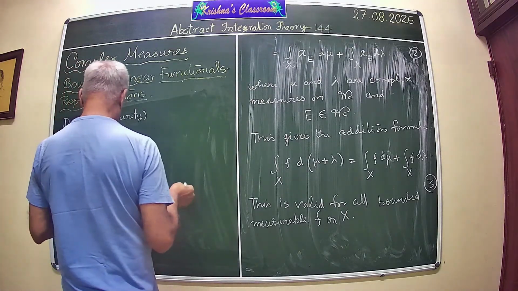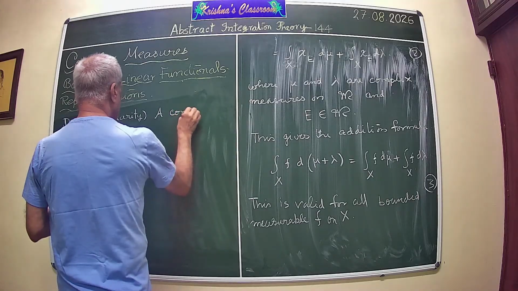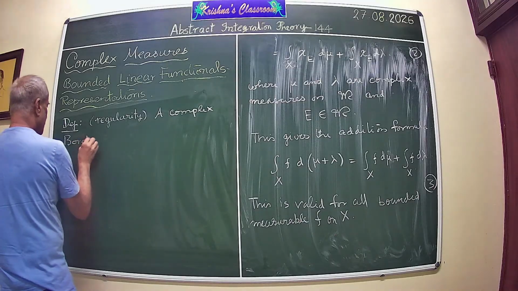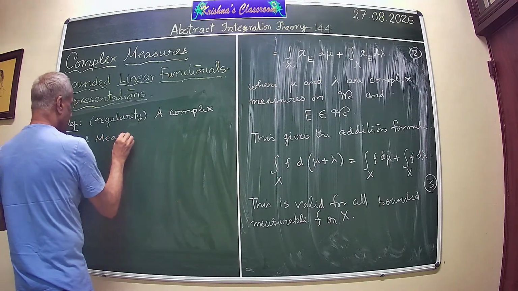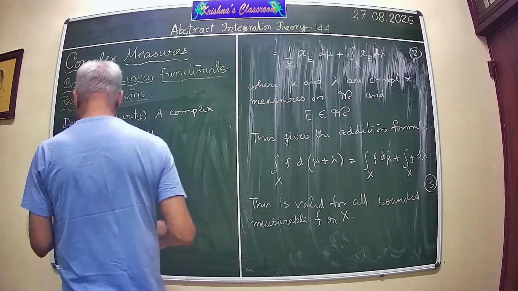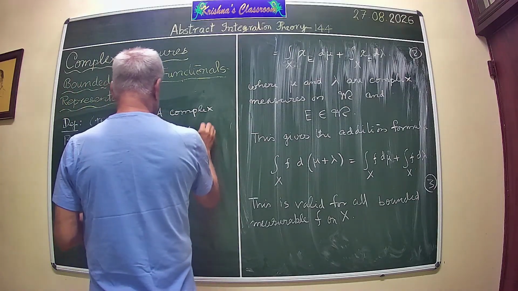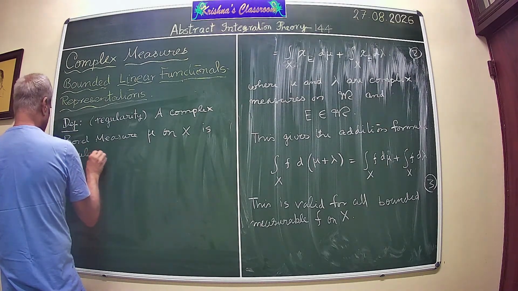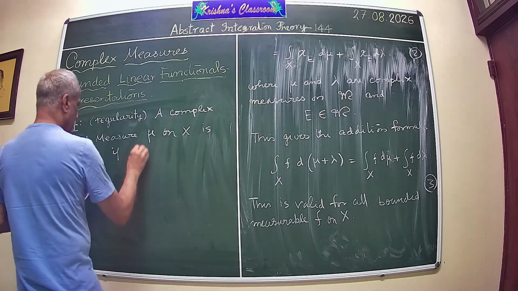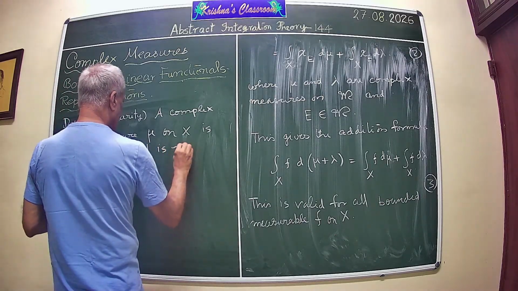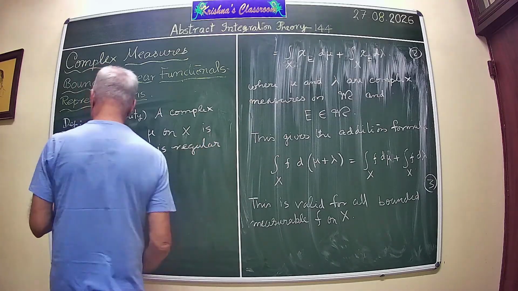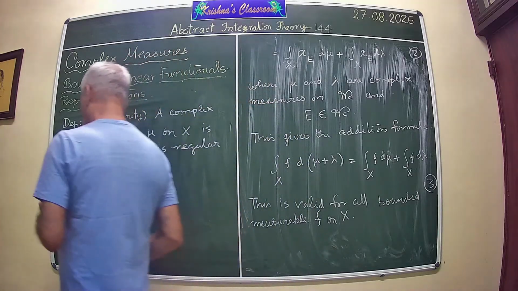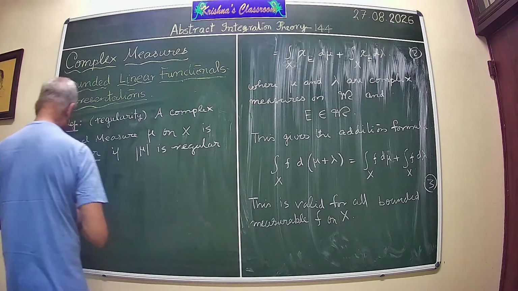A complex Borel measure mu on X is regular if mu is a real measure. So we just recall the following.